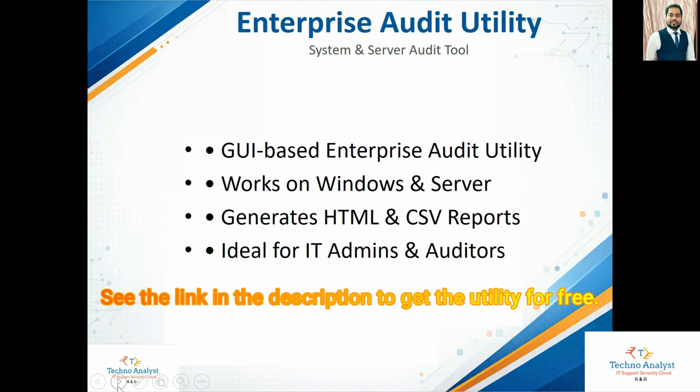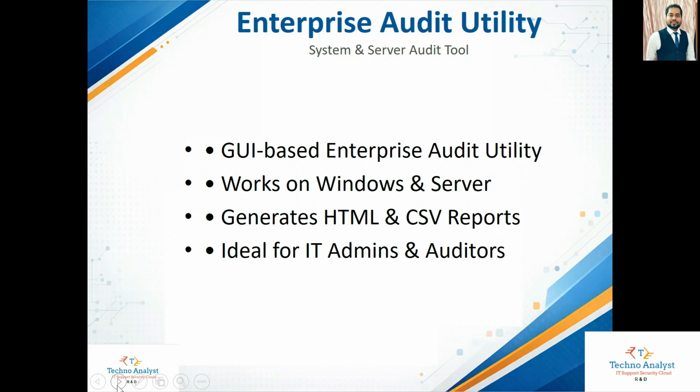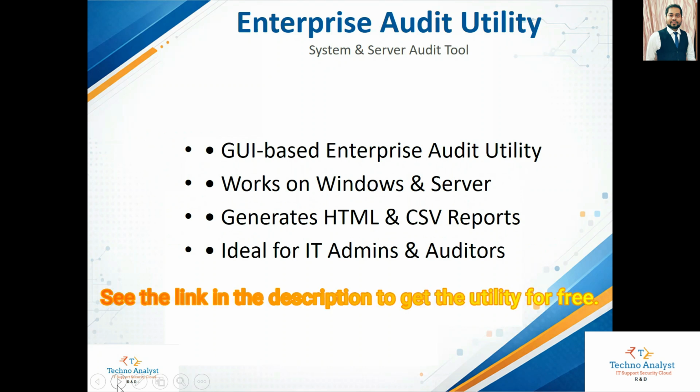Let's start. First, this enterprise audit utility is a GUI-based utility that works on Windows Server and generates HTML and CSV reports. It is ideal for IT admins and auditors, especially security auditors.